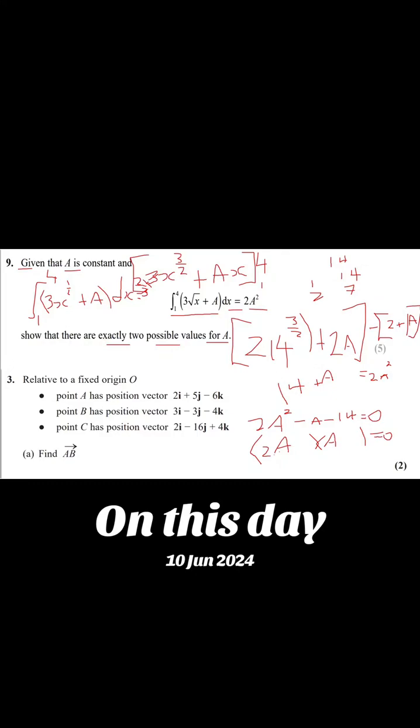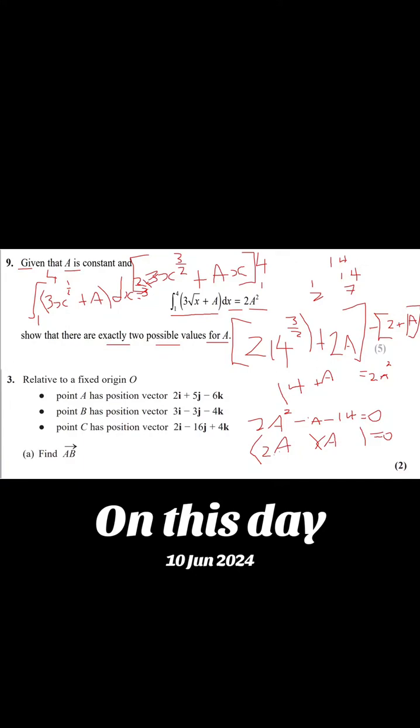Wait, 4 to the 3 halves. So that's going to be the square root of 4, which is 2. Cube it, I'm going to get 8. Then I'm going to have 2 times 1 to the 3 halves, so that should be 2 plus 1a. So that'll be 16 minus 2, which is 14. I think my mind has just gone blank. Sorry, give me 1 second, guys.